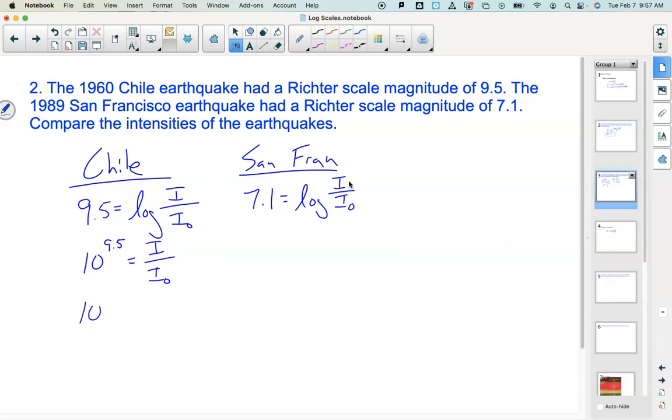Multiplying by I sub 0, we get that for the Chile earthquake. Now let's do the same thing for San Francisco. 10 to the 7.1 equals I over I sub 0. So 10 to the 7.1 times I sub 0 is the intensity of the San Francisco earthquake.